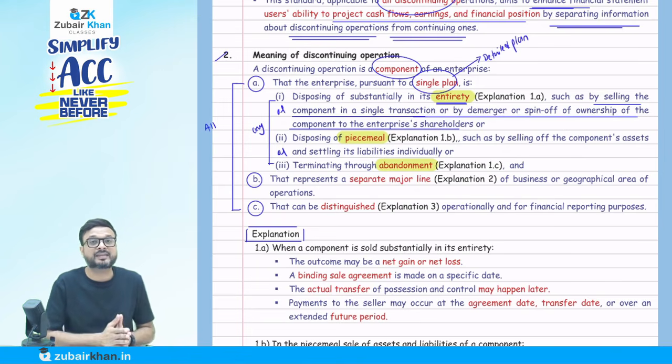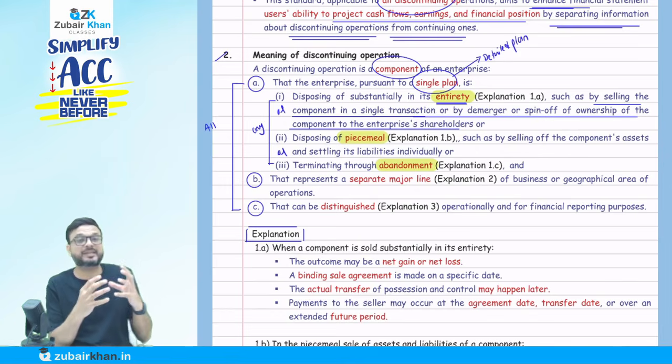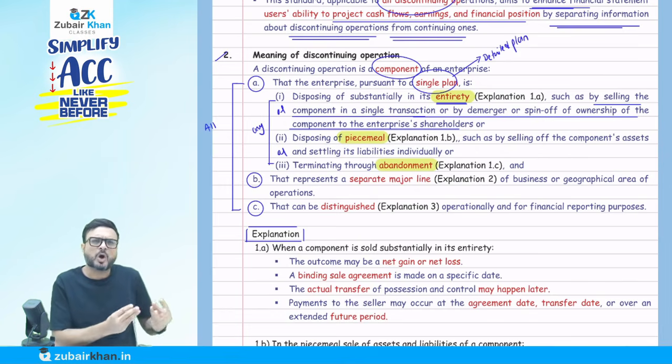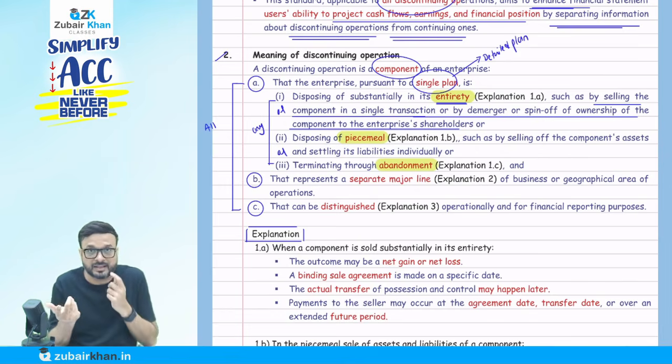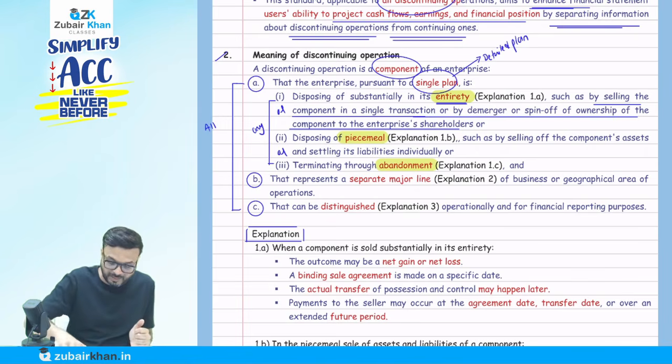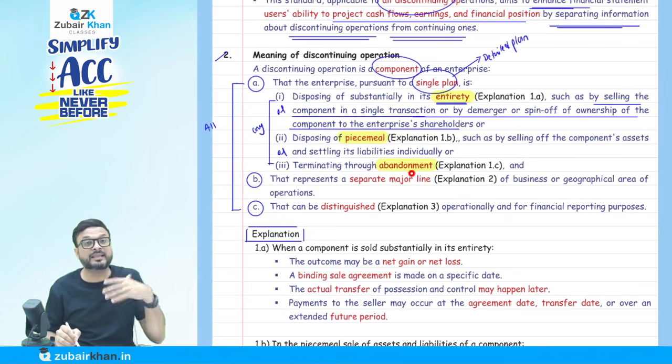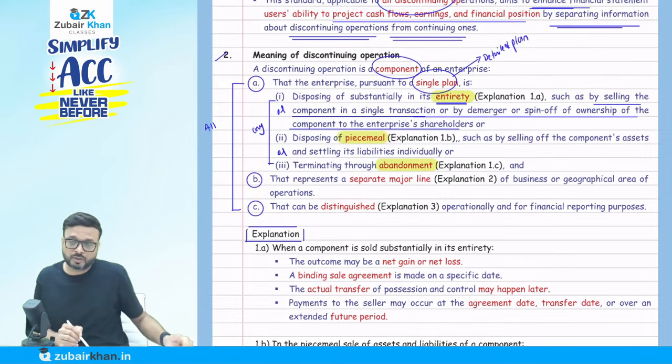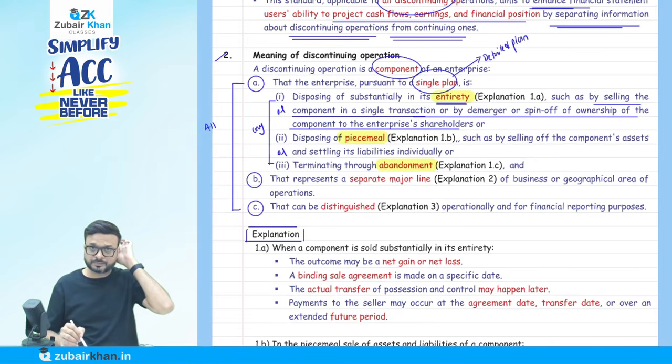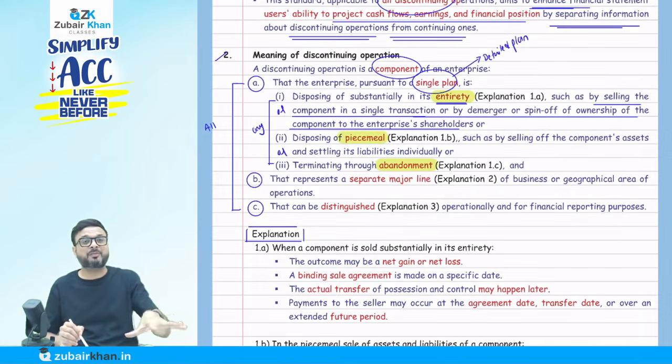So I may have a plan to sell the operation in its entirety at one shot, or in parts, or they say terminating through abandonment. It is not possible for me to sell that operation in one shot, and at the same time not possible to sell it individually. We abandon it; we just close it down.